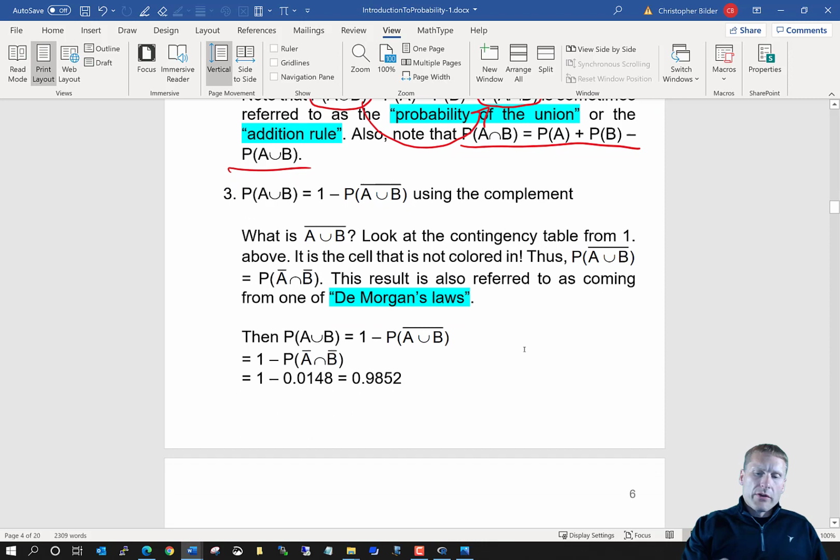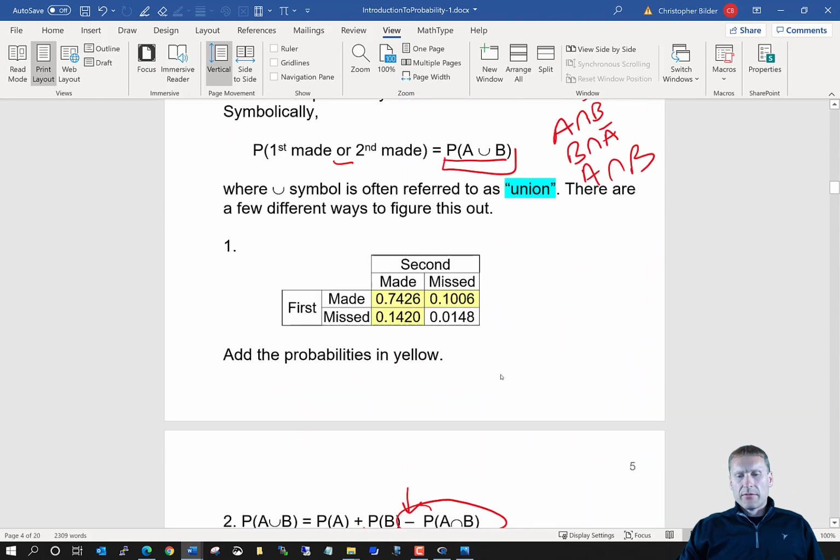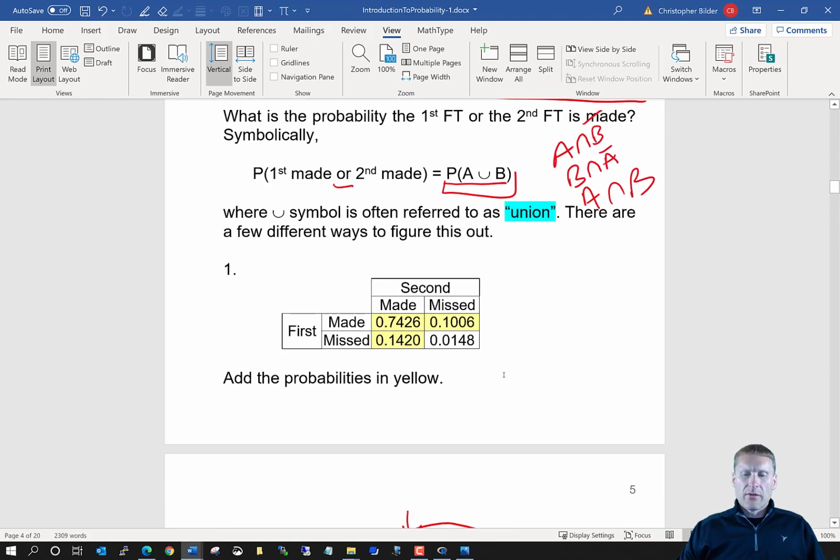Well, here's another way you can find this probability of A union B. Let's go back up to this table here. Now remember, in the body of the table, all these probabilities will add to 1. And the probability of A union B is what's represented in yellow.